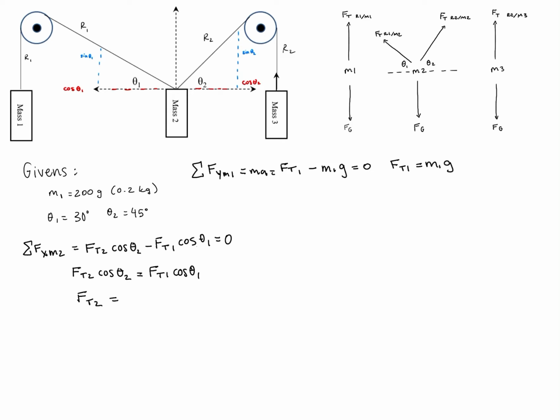It's equal to m1g, so we can replace that with m1g. So force tension 2 equals m1g cosine theta 1 divided by cosine theta 2.